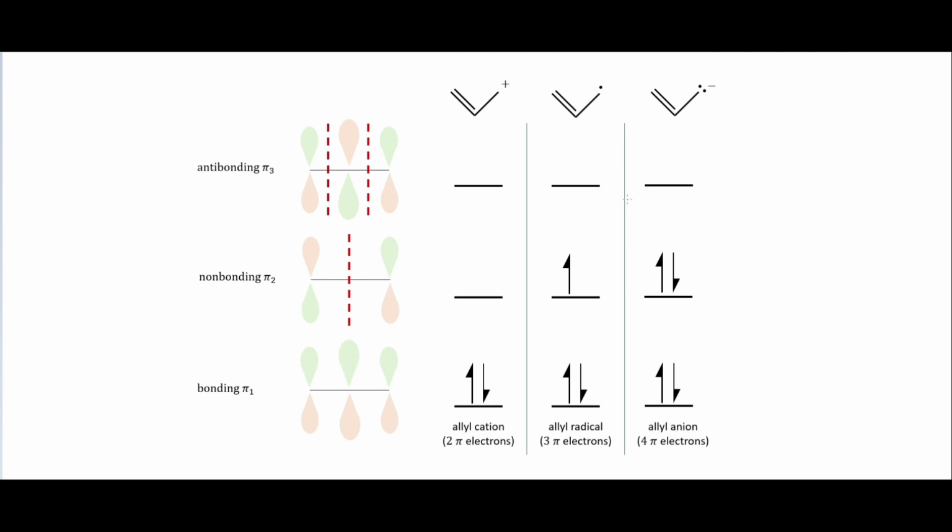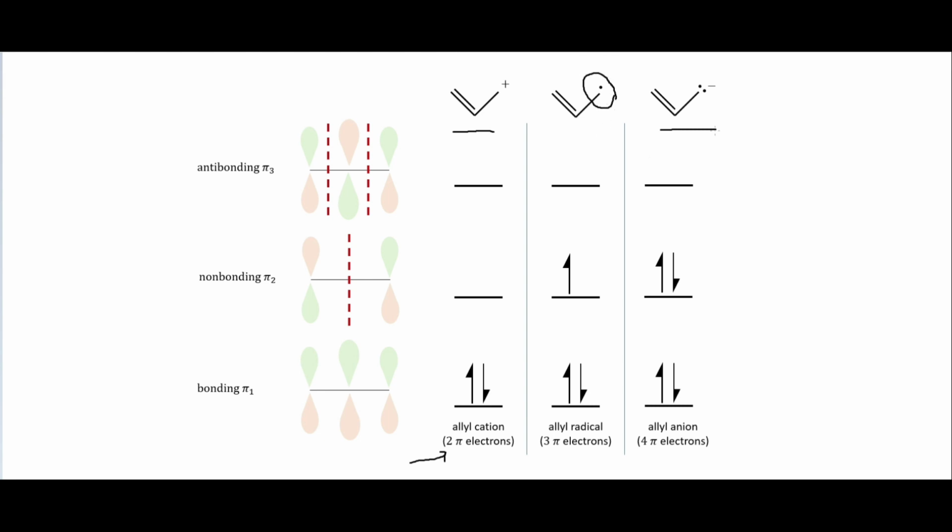We can look at it compared to our allylic cation and our allylic anion right here. With the allylic cation, we end up with just 2 electrons in the bonding orbital and nothing in the non-bonding orbital. With the radical, we end up with 1 in the non-bonding orbital, and so that would just be our non-bonding electron right there.